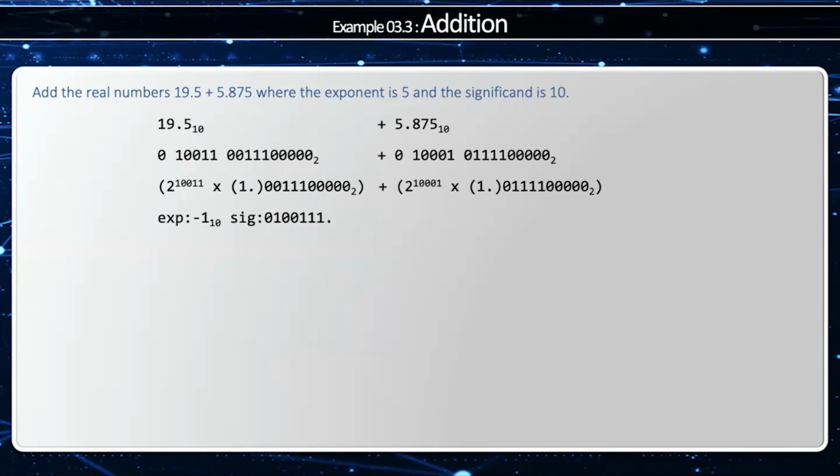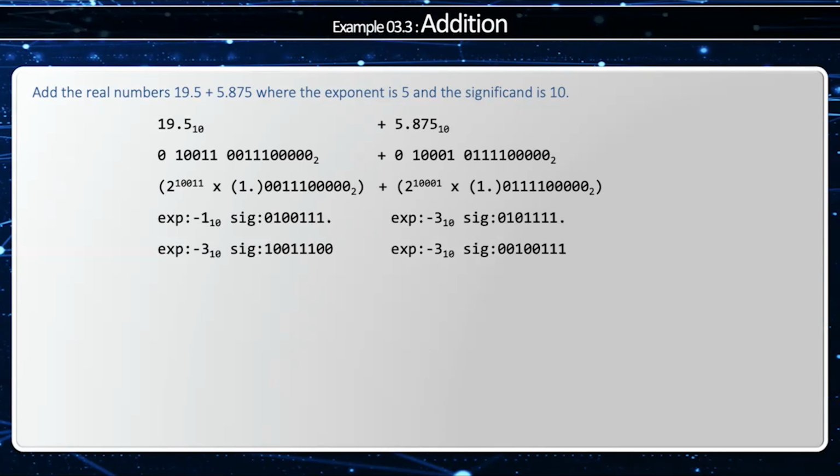Now my whole number exponent will be -1, and my whole number significant will be 0, 1, 0, 0, 1, 1, 1, 1. And then my whole number exponent will be -3 and 0, 1, 0, 1, 1, 1, 1 point. Now, which one of these two needs to be adjusted? It's going to be the -1 exponent. So now that's the same thing as an exponent of -3, and then I put 2 zeros to the right of that value.